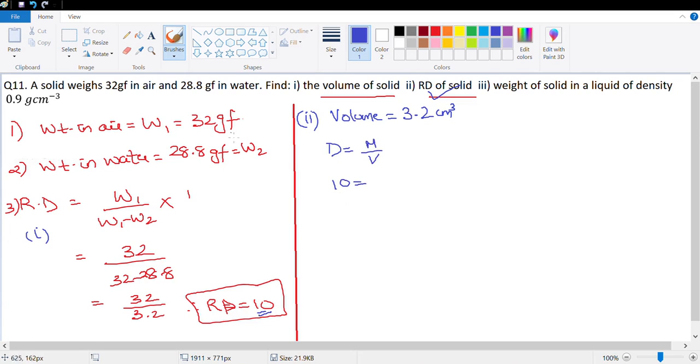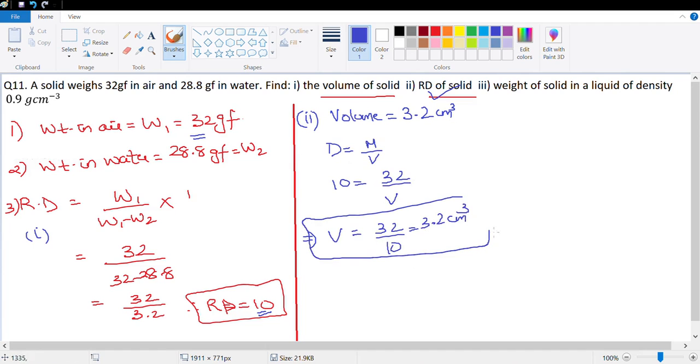Mass is 32 upon volume, which means volume is equal to 32 upon 10, which is 3.2 centimeter cube. Right, let's look at this formula again. Density is equal to mass upon volume. Density we just calculated as 10. This is relative density, which if you convert it into the CGS unit becomes 10 gram per centimeter cube. Mass is equal to 32 gram. Volume we need to calculate. So the volume is 3.2 centimeter cube.